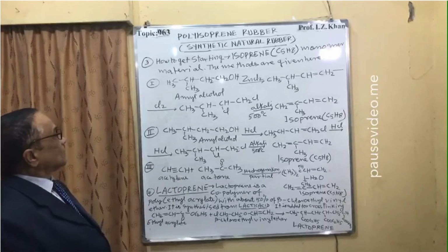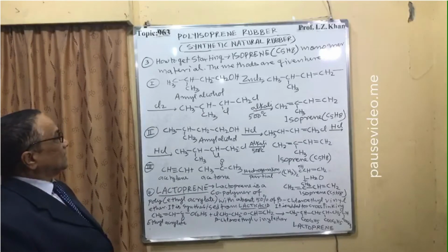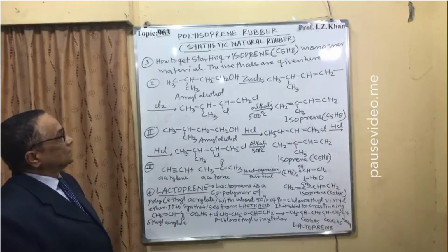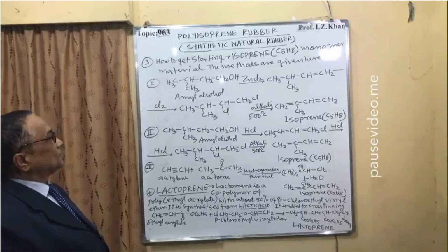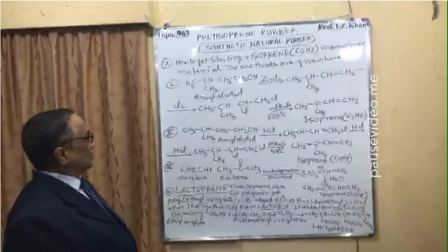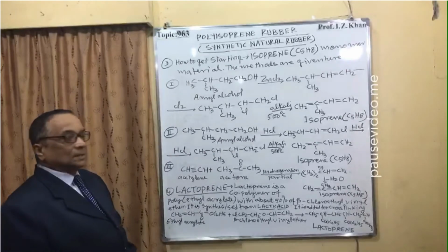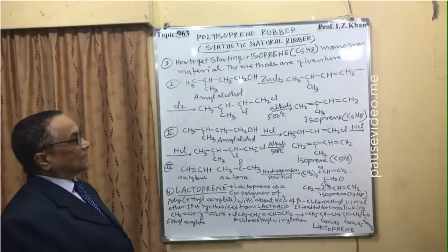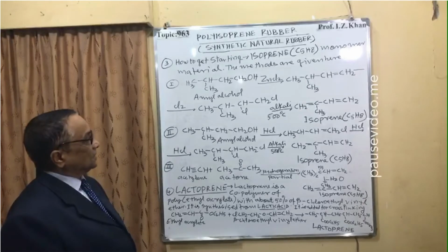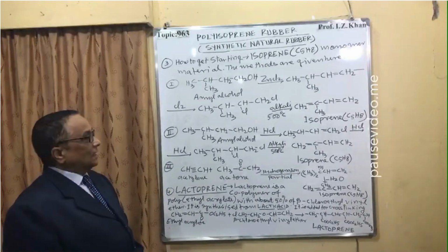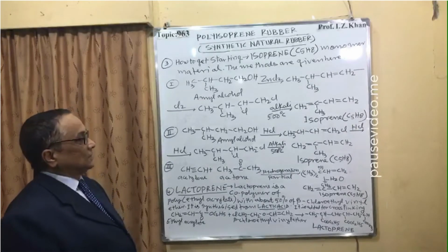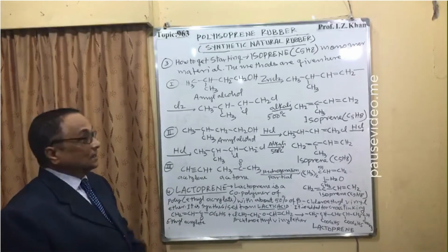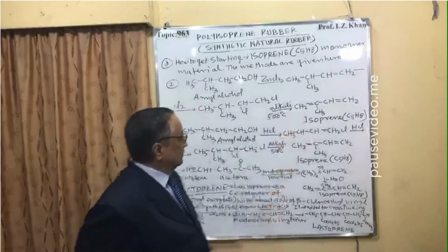Number one, the starting material is amyl alcohol. When it is treated with ZnCl2 and then with chlorine, you will get a chloro derivative, and finally treating with alkali at high temperature, that is 500 degrees centigrade, it will be converted into C5H8, that is the isoprene unit.